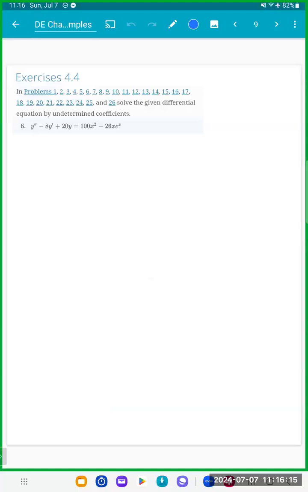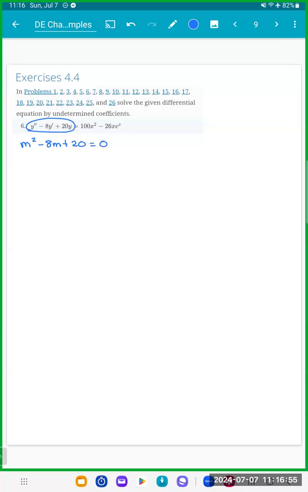Okay, next problem is out of section 4.4. This one I'm going to use quite a few different colors to help draw your eye to how we are breaking this out, but we're going to solve this given differential equation by undetermined coefficients. First of all, we have a homogeneous equation, which is this portion right here. So we can translate that as m squared minus 8m plus 20 equals 0.